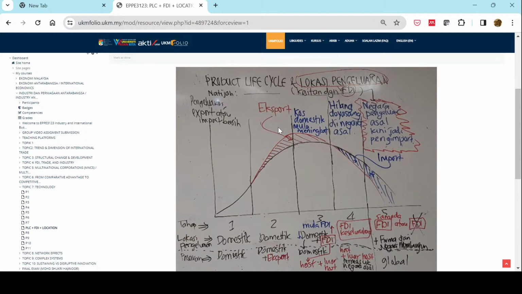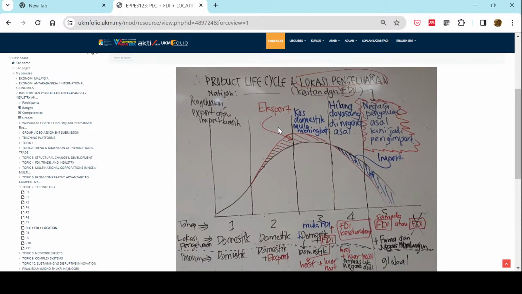Now, why stage 5? The interesting thing about stage 5 is that there are new entrants from developing countries.